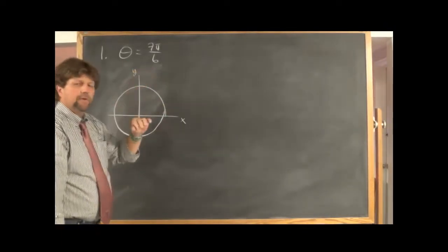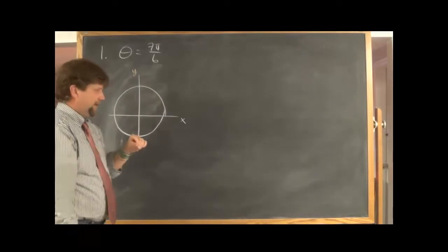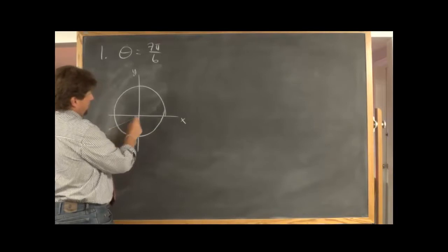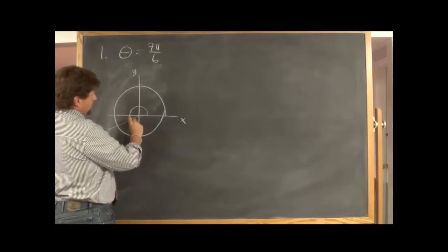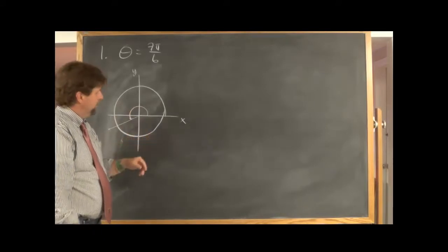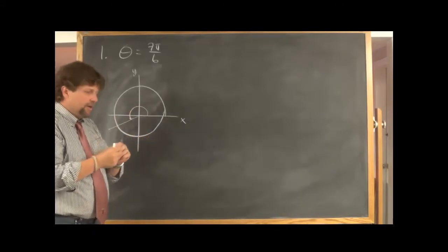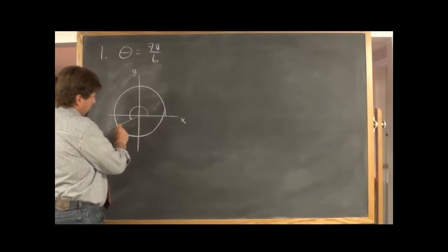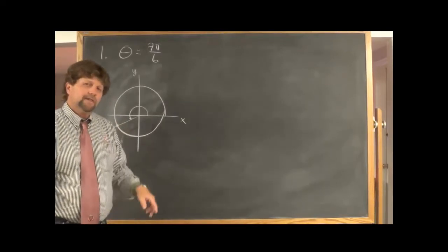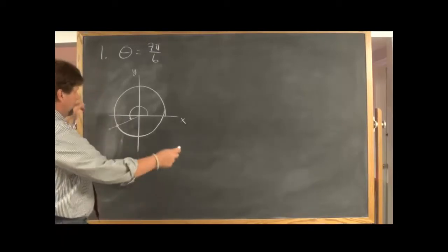First thing is we have to know where 7 pi over 6 terminates. 7 pi over 6 is an angle that terminates approximately right here. It's out in quadrant 3. Next, you need to know the coordinates of the point on the unit circle where 7 pi over 6 intersects the unit circle.